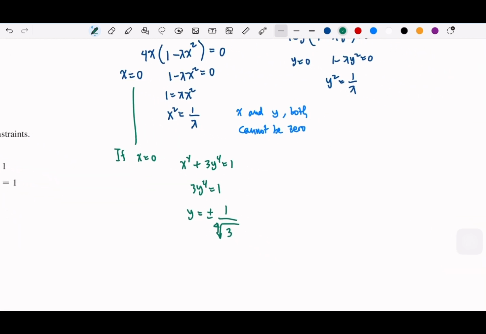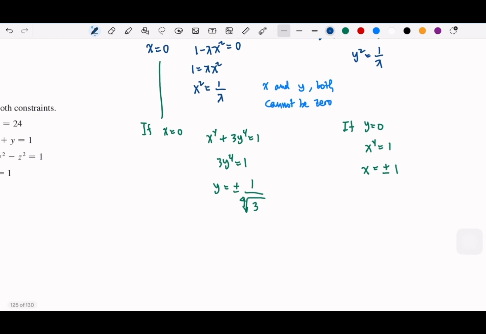If y is 0, the same thing here. If y is 0, then x also, the same, x to the power of 4 is equal to 1, so x will be plus minus 1. Okay. So we could have possible points for the extreme values.